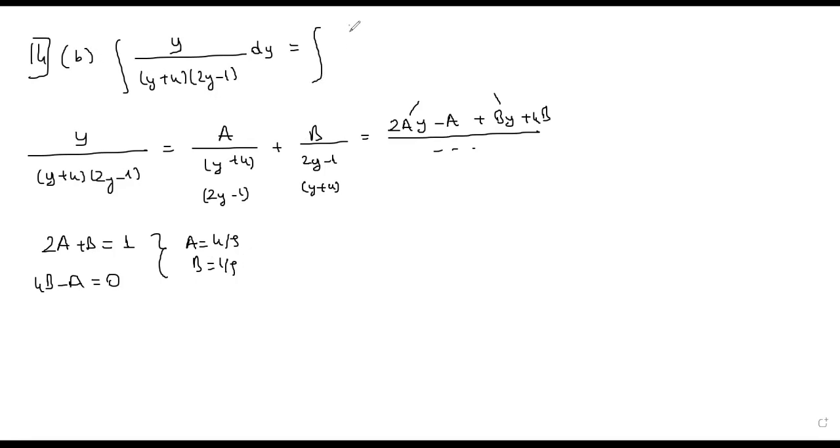We have 4 over 9 times 1 over y plus 4, plus 1 over 9 times 1 over 2y minus 1, dy, right?